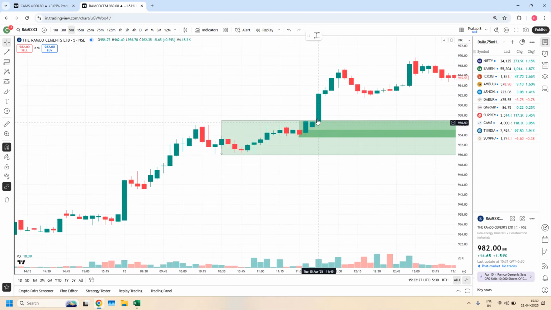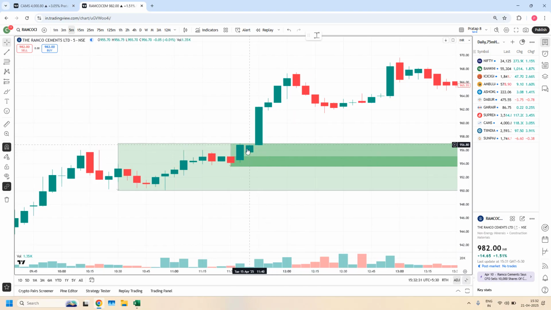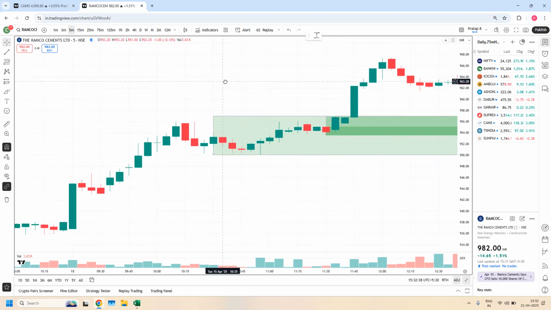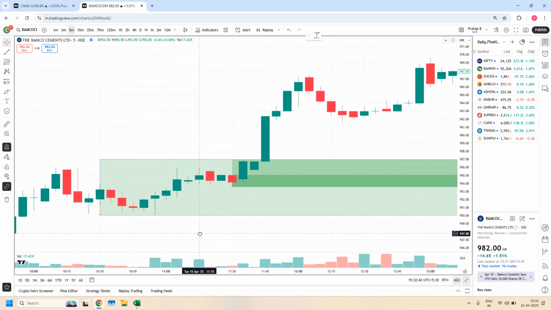See, rally, base, rally. The 5 minutes: I didn't draw the 5-minute zone here as rally, base, rally. Instead, I considered drop, 2 base candles and a rally candle.